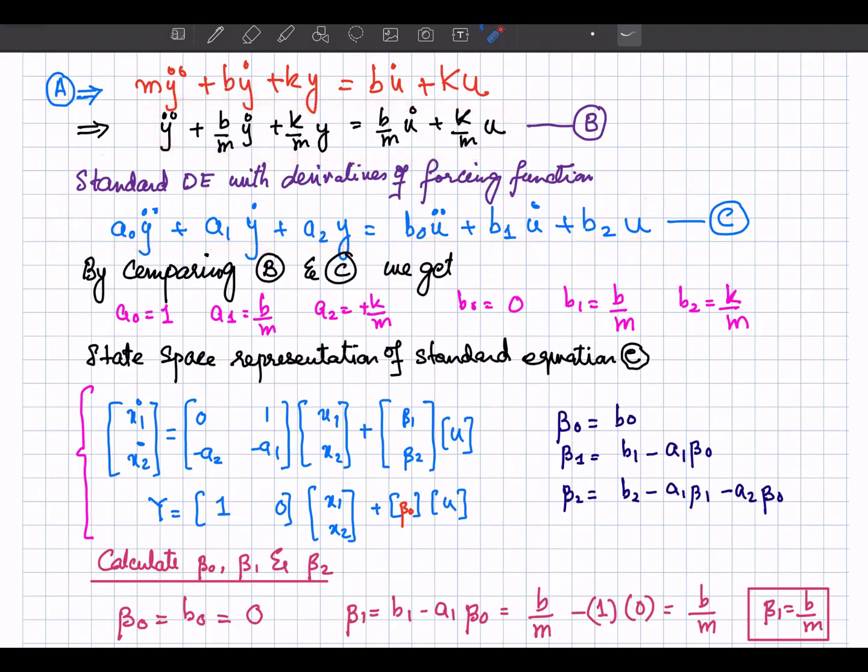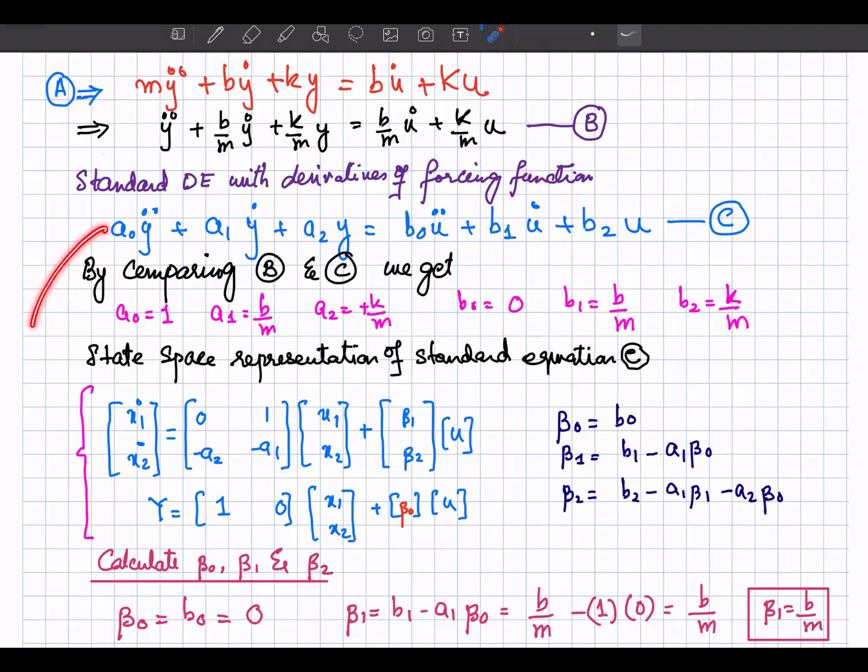If I compare, here you can see a0 will be equal to 1, a1 will be equal to b by m, and a2 will be equal to k by m. b0 will be equal to 0 because the double derivative term is missing over here, b1 will be equal to b by m, and b2 will be equal to k by m.